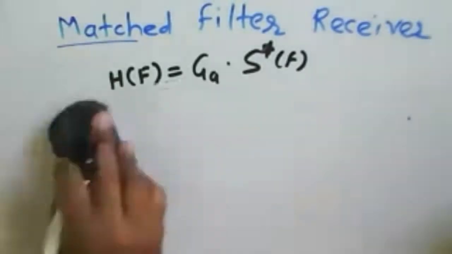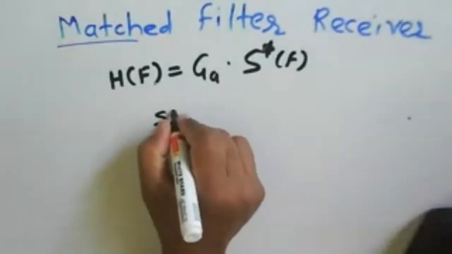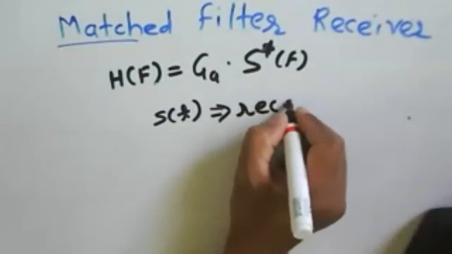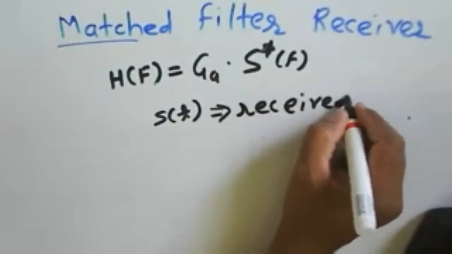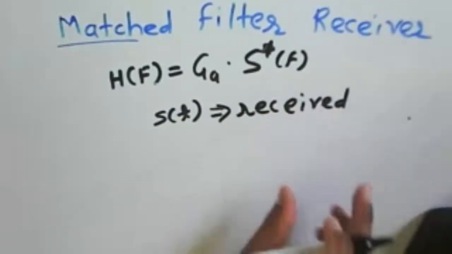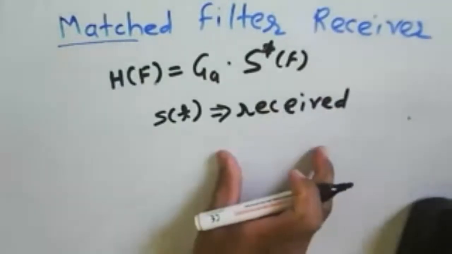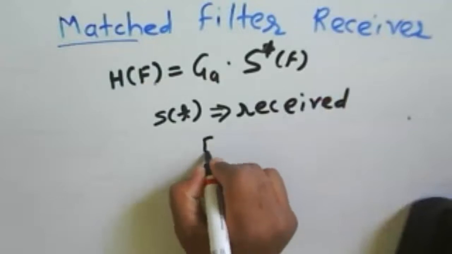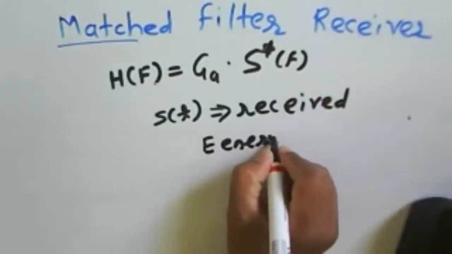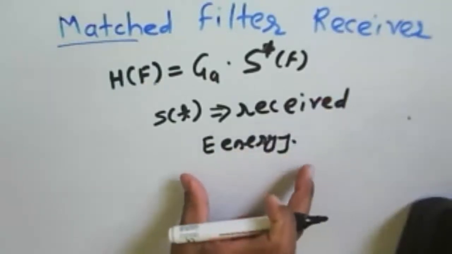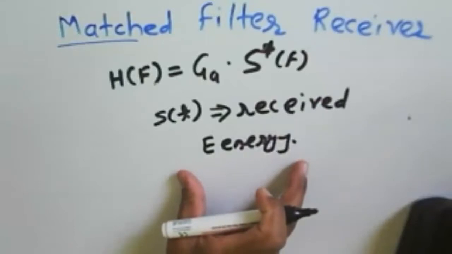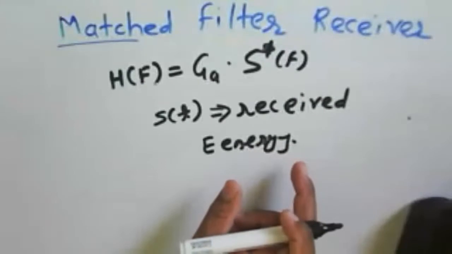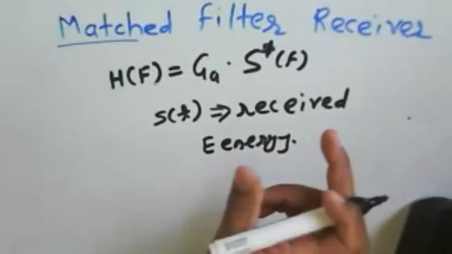Because your received waveform will be S of t, that is your received signal, and that signal has some particular level of amplitude, or we can say energy. So in that case, we need to consider the signal waveform with respect to the noise.